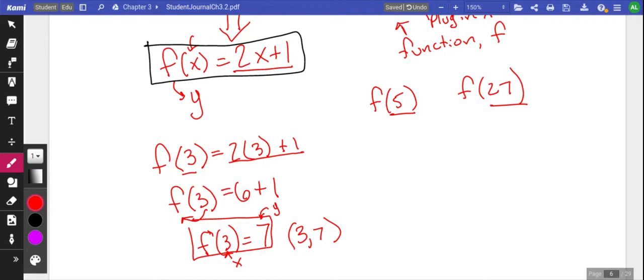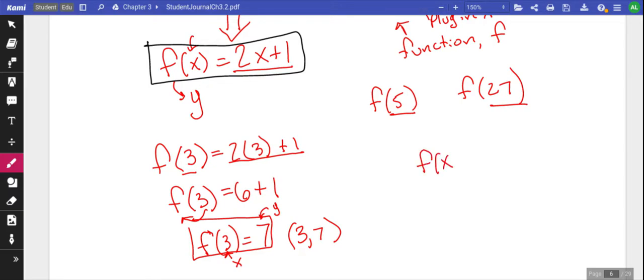All right, and another thing that I could tell you is instead of saying, what happens when I plug in 3, I could say, let's make sure I give you a number that looks nice, f of x is equal to 11. Instead of giving you a number to plug in for x, I could say, here's what f of x is equal to.